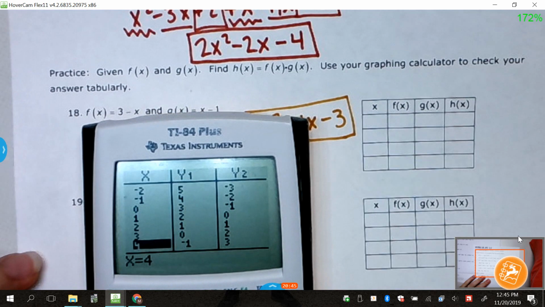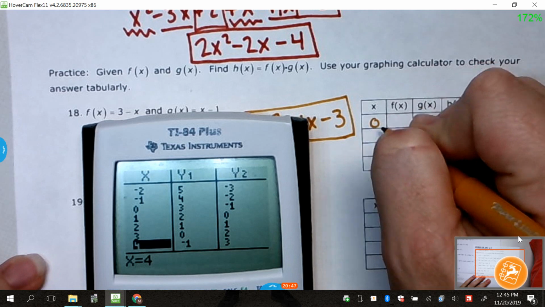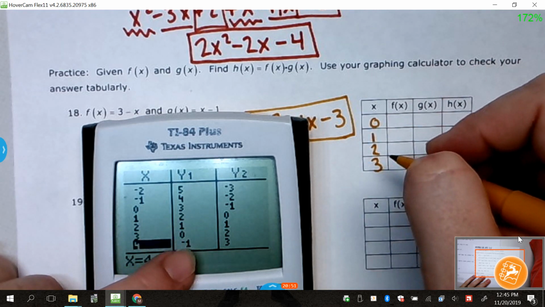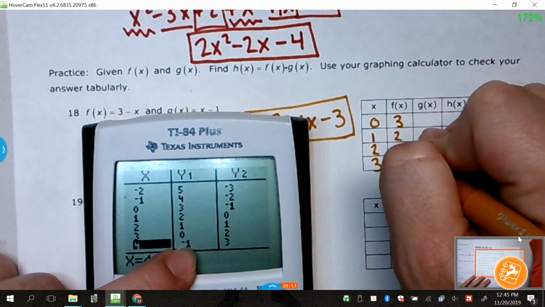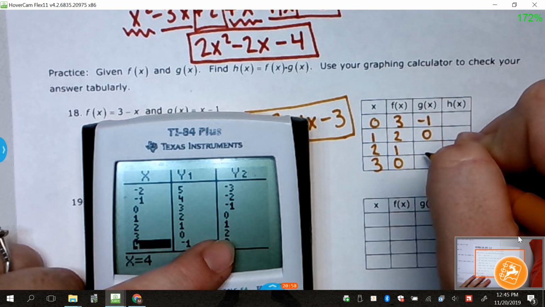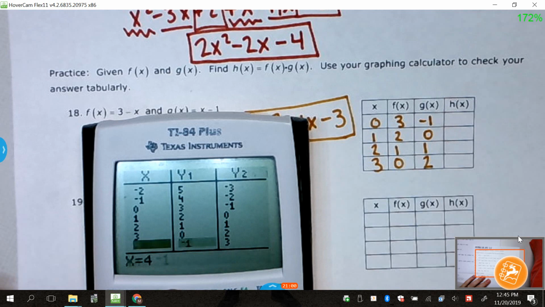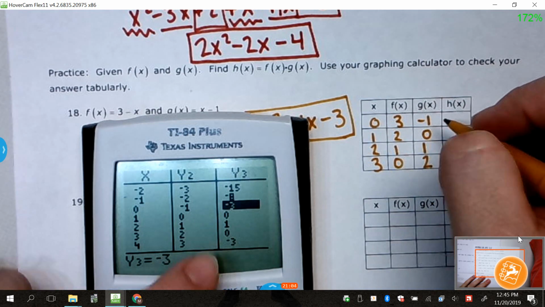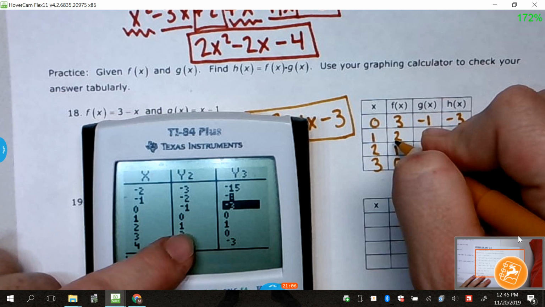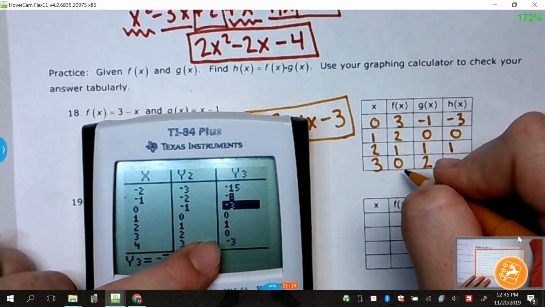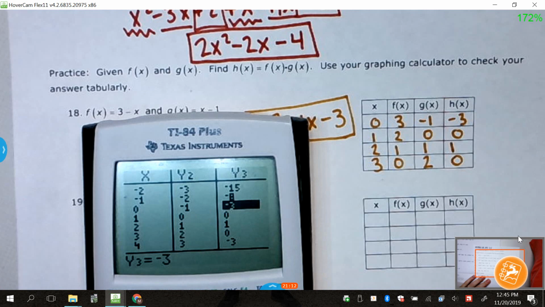Okay, I have 0, 1, 2, 3, 3, 2, 1, 0, negative 1, 0, 1, 2. So these should multiply. So 3 times negative 1 is negative 3, which is what I got. 2 times 0 is 0, so this should be 0, which it is. 1 times 1 is 1, which it gives me 1. 0 times 2 is 0, so that gives me 0.